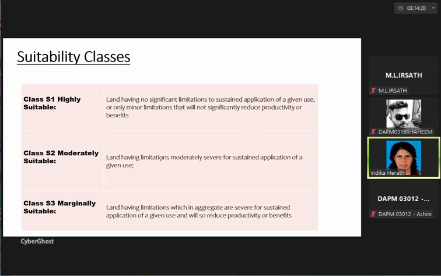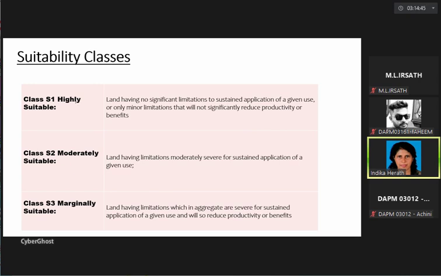For example, water retention is poor. Then it is not as good as this, but you can't say it is not suitable. So then it comes to moderately and marginally. There can be a limitation, there can be a problem, but still you can manage. So that kind of classification is there for highly, moderately, and marginally suitable.